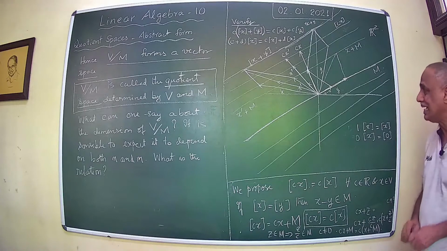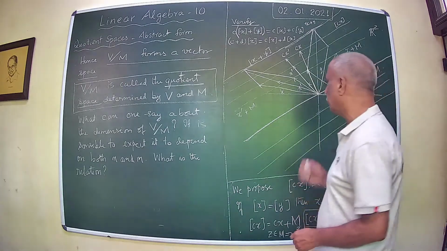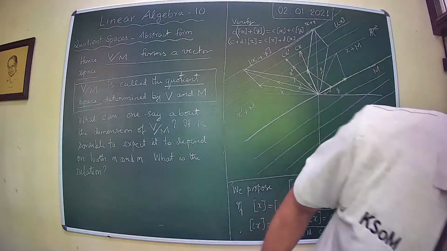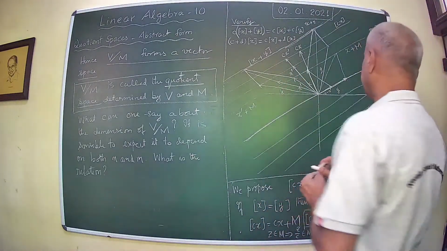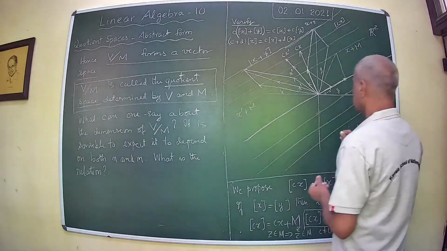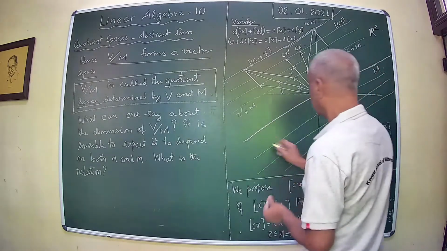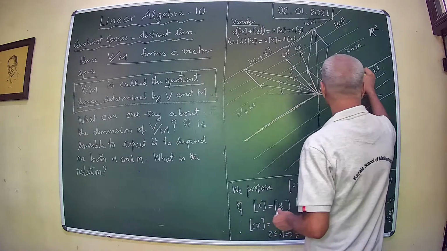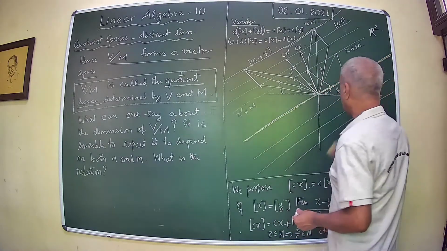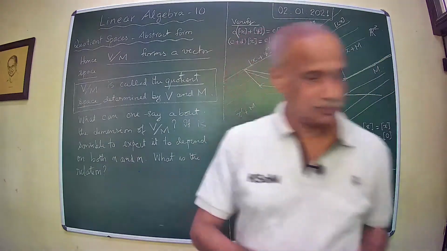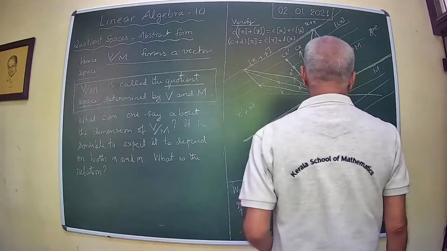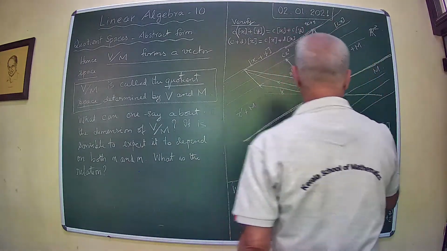Now you are asking what is the dimension of this space. One thing that you observe from your example is this: see, this is the subspace that we started with. So you start with a vector which is not in this subspace.